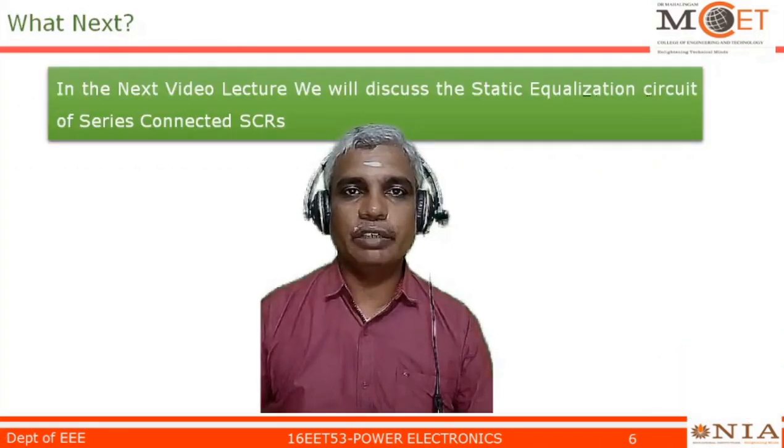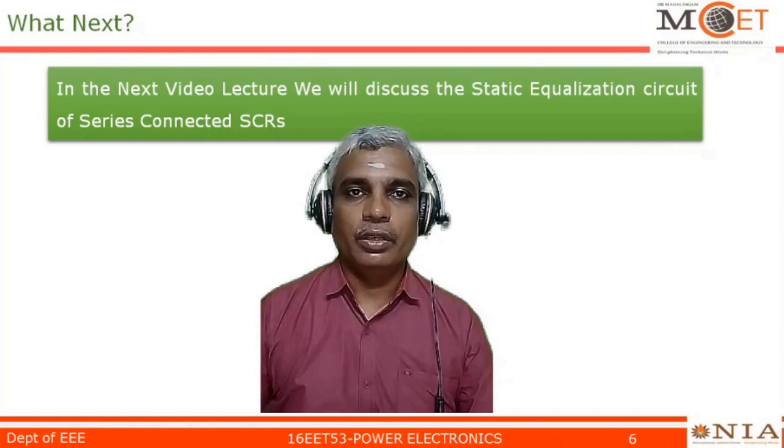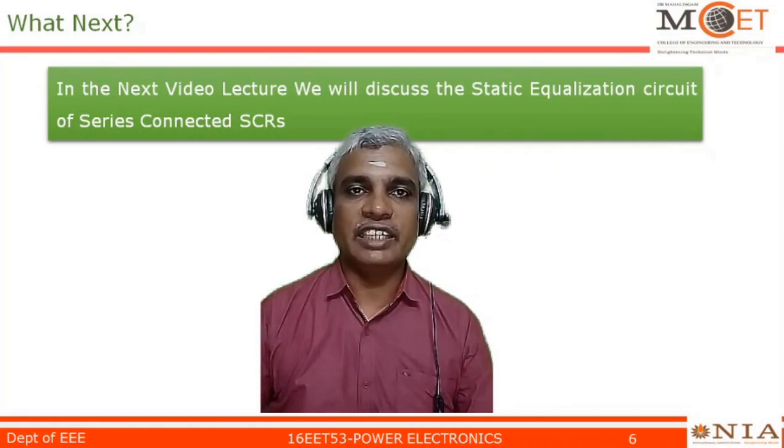In this video, we have discussed the necessity of connecting SCRs in series and the necessity of connecting SCRs in parallel. Also, we have discussed that the utilization of SCRs in a string can be measured by using a term called string efficiency. The derating factor is also discussed.